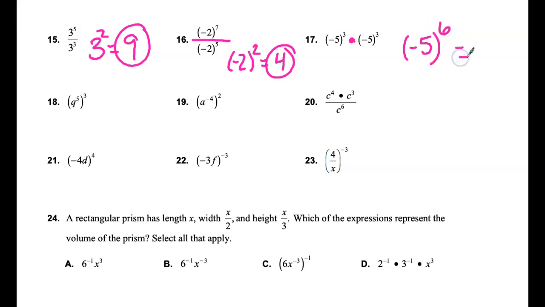When we use our calculator, what do we get? 15,625. Should be your final answer. That's good. Okay, 18.